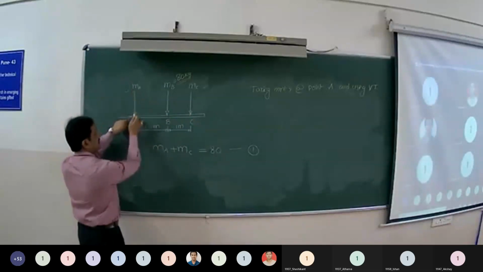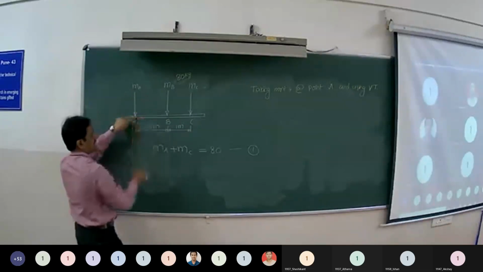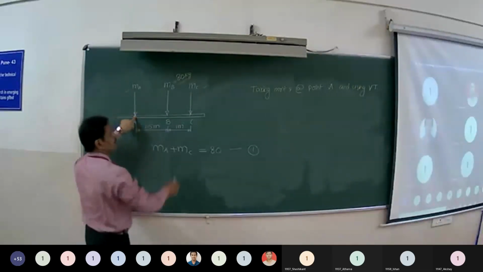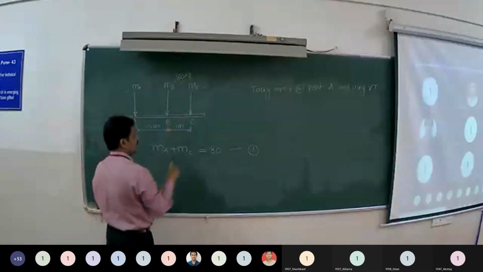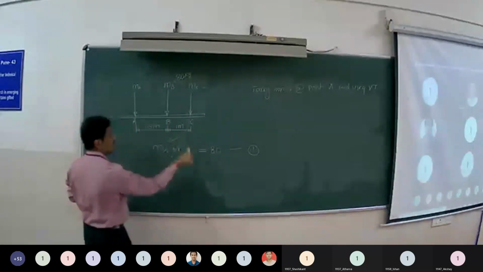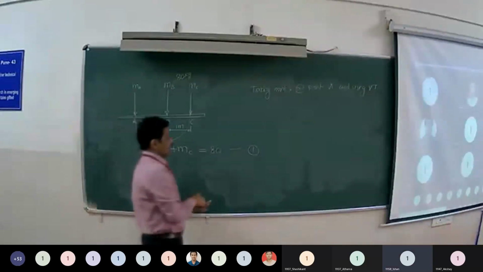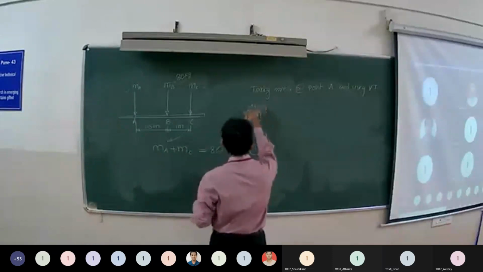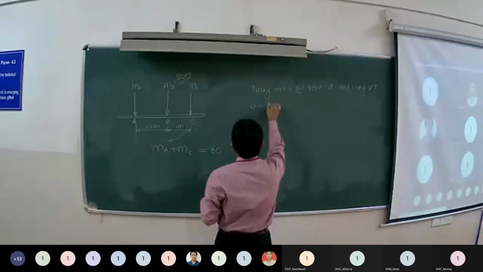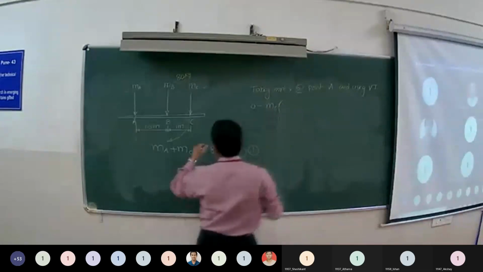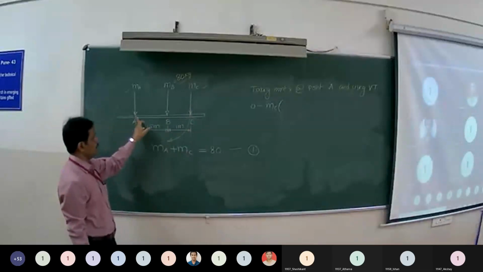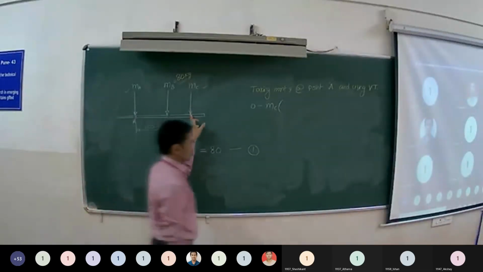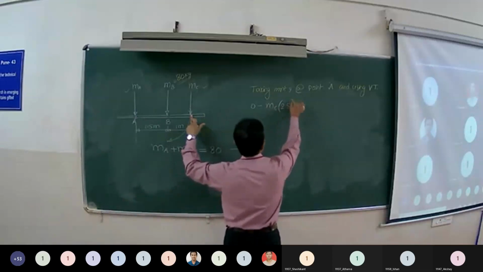So what is moment of MA about point A? The line of action is passing through A. So its moment is 0. Moment of MC about point A. What is the sense? It is creating clockwise sense. So it is 0 minus MC into the perpendicular distance from the line of action of MC to point A, 1.5 plus 1, 2.5.